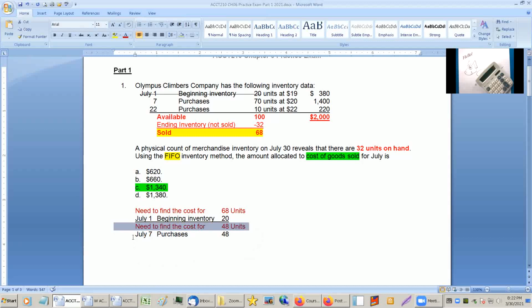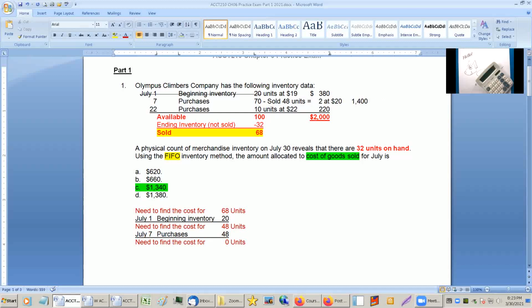So we'll take the 48 that we need. They're gonna look kind of stupid, but now, from this layer, we sold 48 units. Which leaves us with, minus 48, 22?